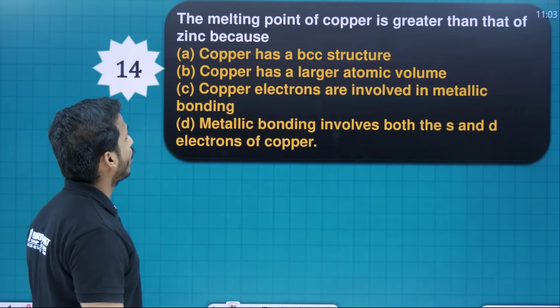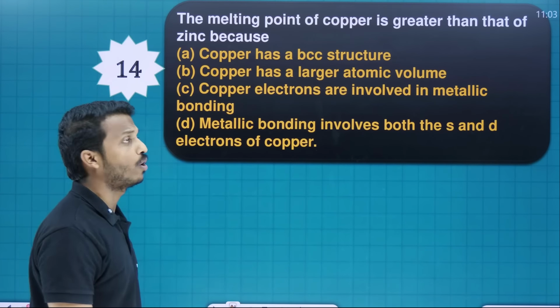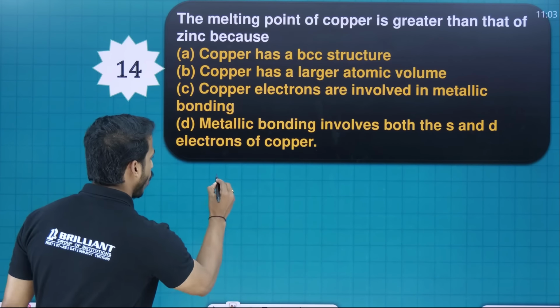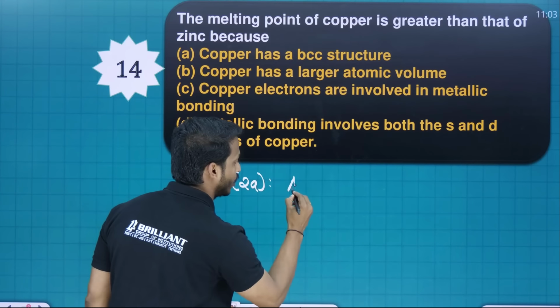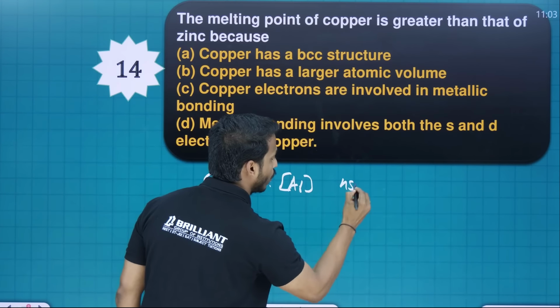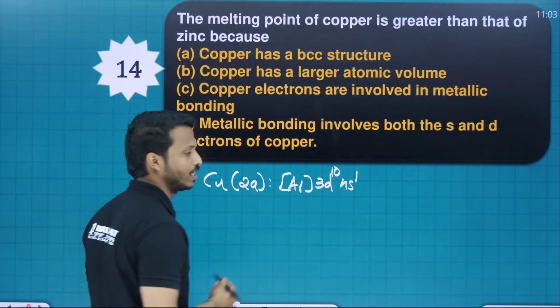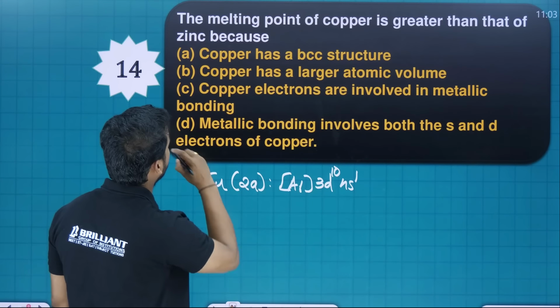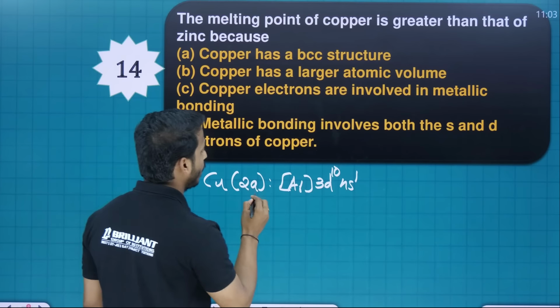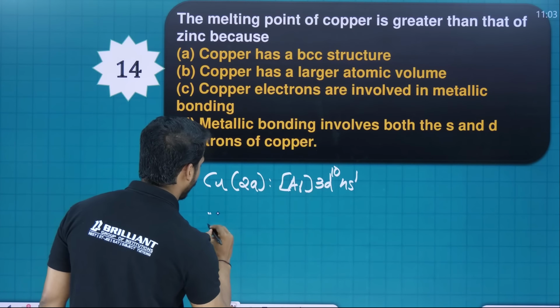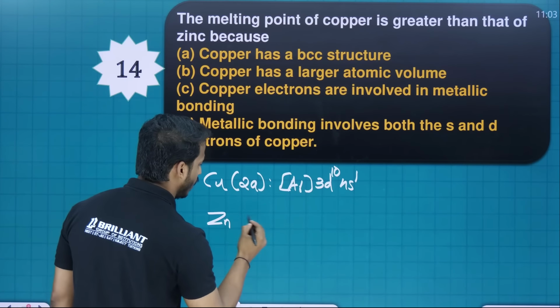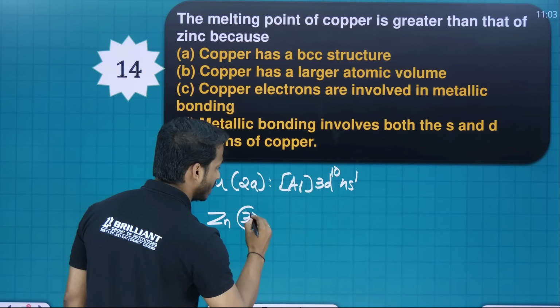Now, the melting point of copper is greater than that of zinc because, see, copper atomic number 29, you know there is an exception in configuration, that is argon 4s1 and 3d10. This is the configuration. What about the melting point of copper being greater than that of zinc? Zinc, the atomic number is 30.